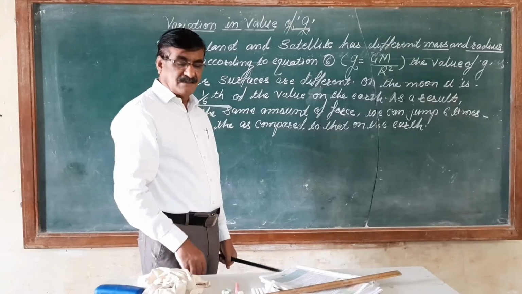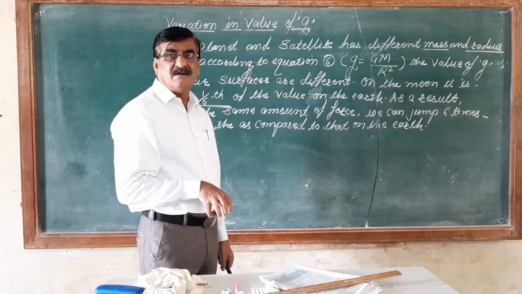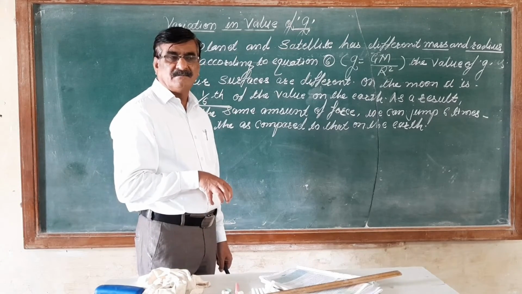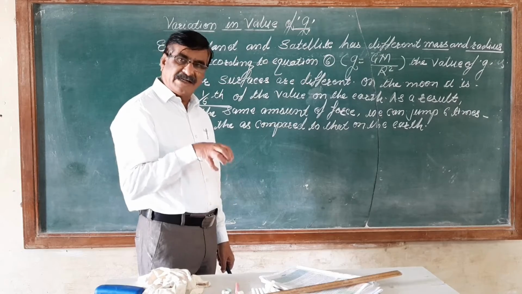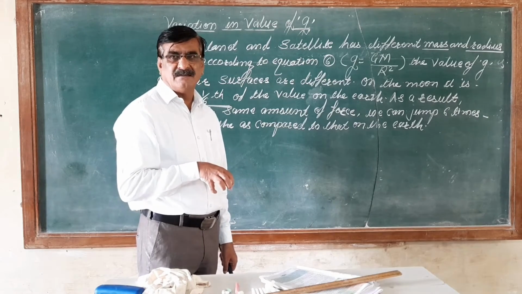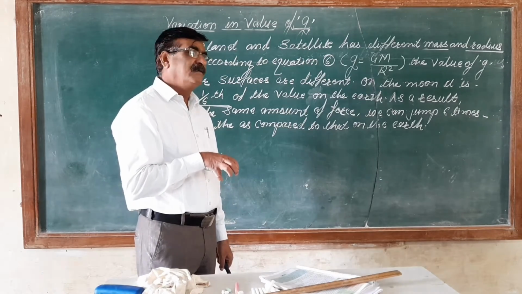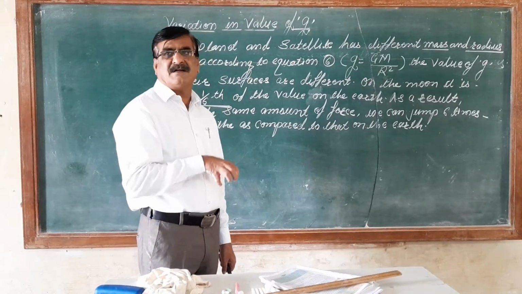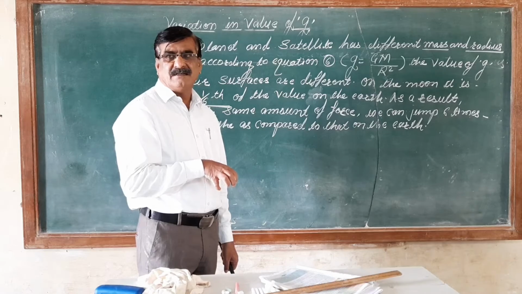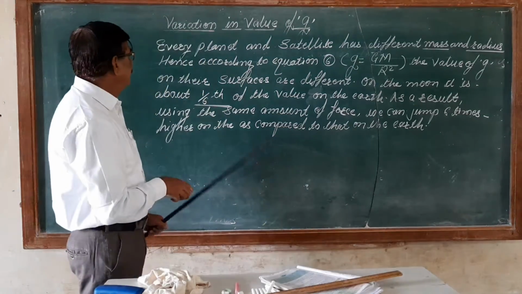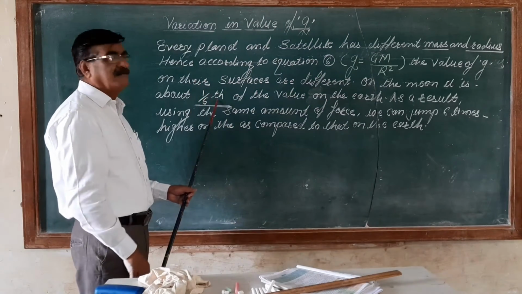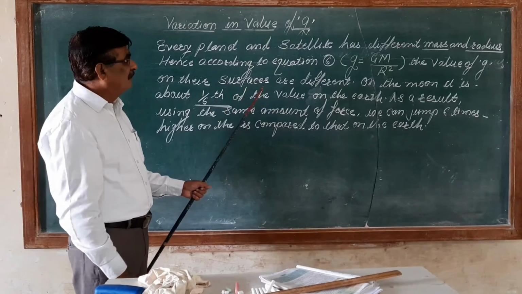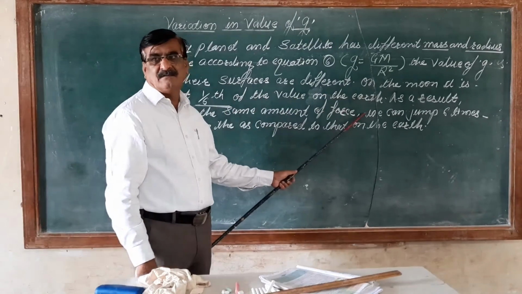That means the magnitude of the value of g on the moon surface is definitely less, and it is 1/6 that of the value on the earth.